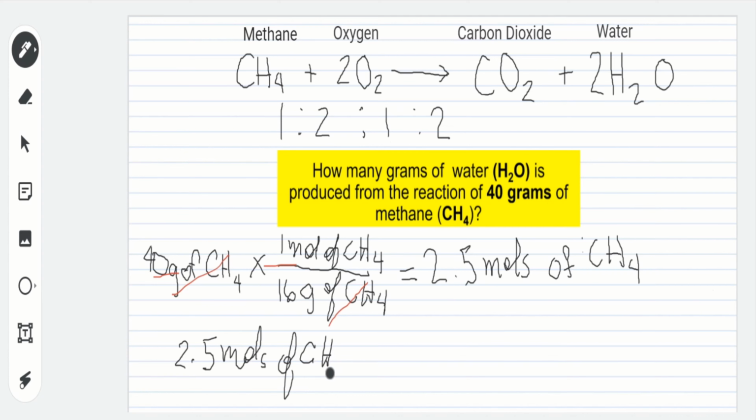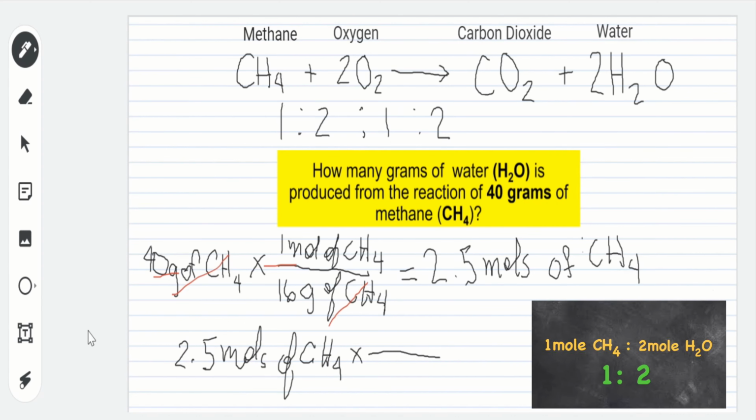Okay, so gaya ng ginawa natin doon sa process, doon sa mole to mole kanina. So, times, of course, kung alin yung ating papalitan, okay, ito yung ratio natin, 1 mole. For every 1 mole of methane, meron tayong 2 moles of water.